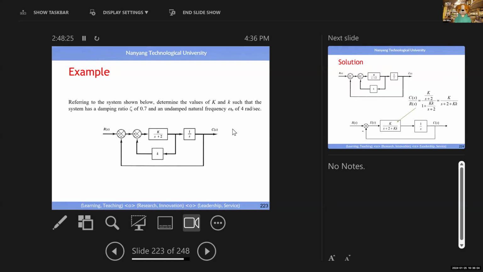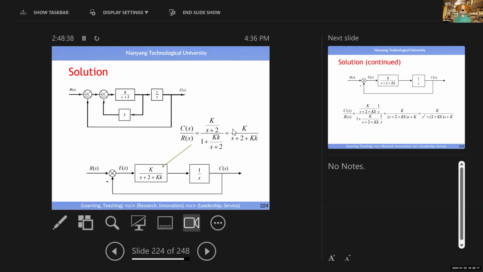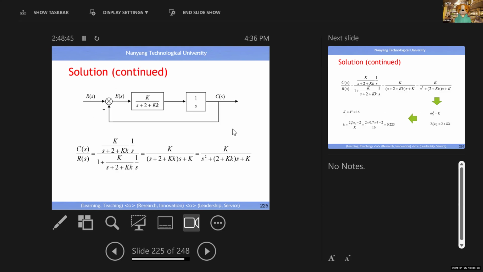So one more example, you see small k, capital K. We want the damping ratio zeta equal to 0.7, omega n equal to 4. What should be the capital K, small k? Understand? First, replace this one by equivalent transfer function. Then replace this one by equivalent transfer function. Again, this one. Immediately you know capital K is what?